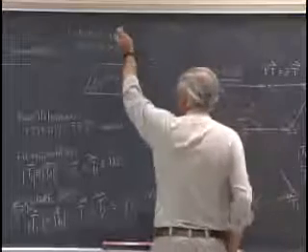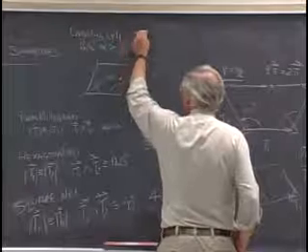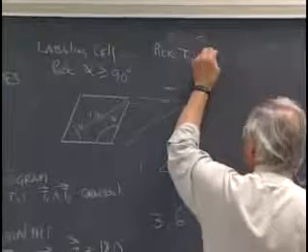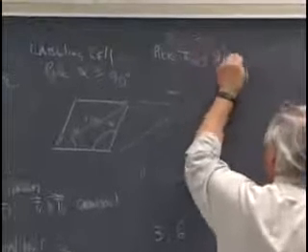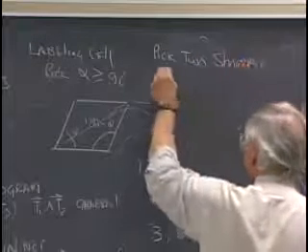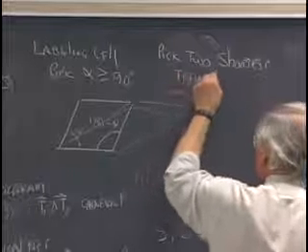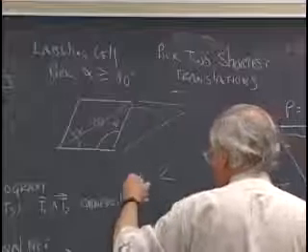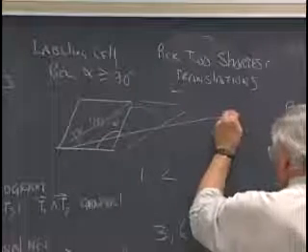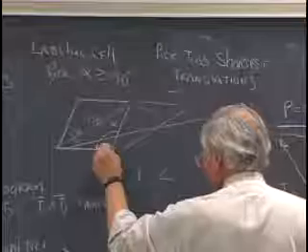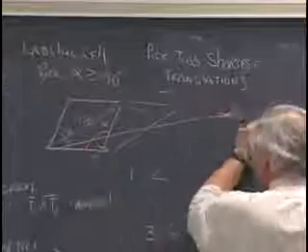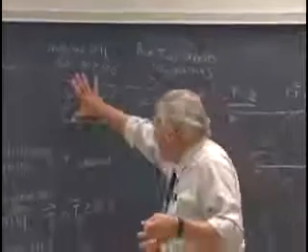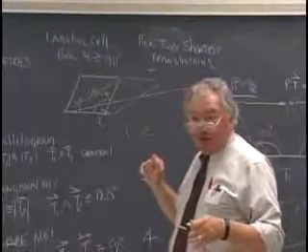And this is a fairly reasonable thing: pick the two shortest translations. And that clearly makes sense. There's absolutely nothing to commend a cell that has this as T2 and this as T1, so you get a long, skinny, oblique thing. Your natural inclination would be to pick the two shortest translations in the net.